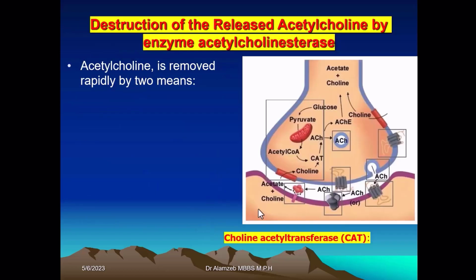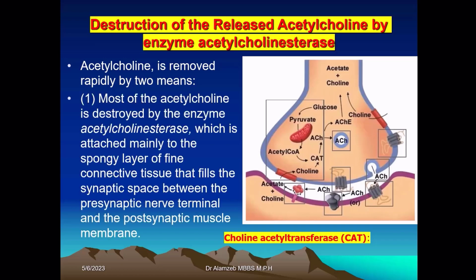Now, when the action potential is over and the contraction of the muscle is over, the acetylcholine, which caused the contraction of the muscle, is removed from the synaptic cleft rapidly by two means.